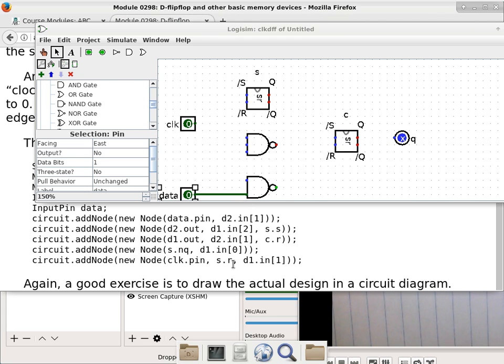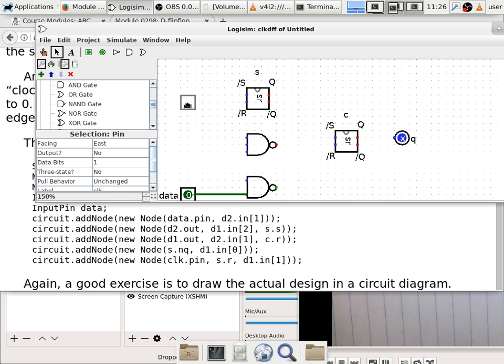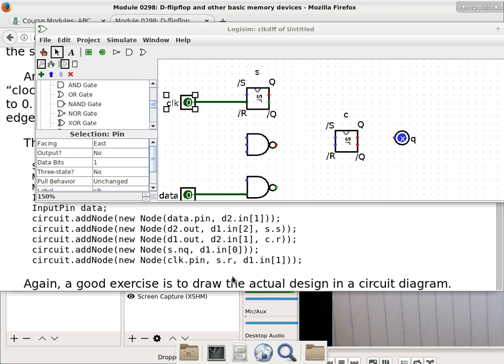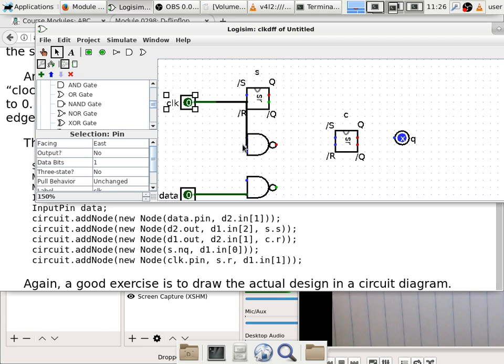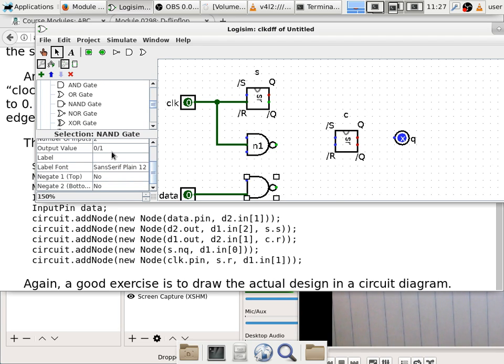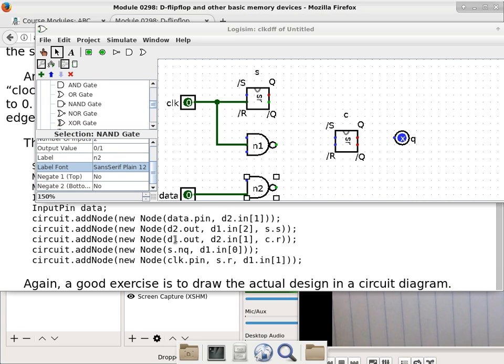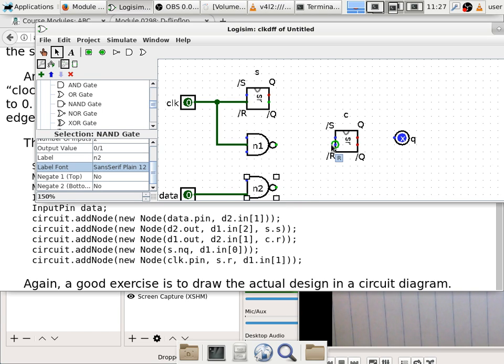The clock, on the other hand, goes to S.R, which is this one. It also goes to the other input pin of D1, the middle one in N1. There we go. This is N1, and this is N2. And then we have C.R, which is the output of C going from D1.out. So D1.out goes here.